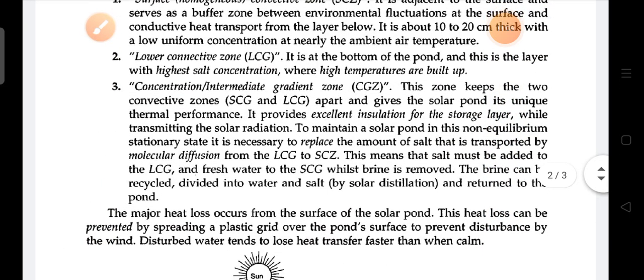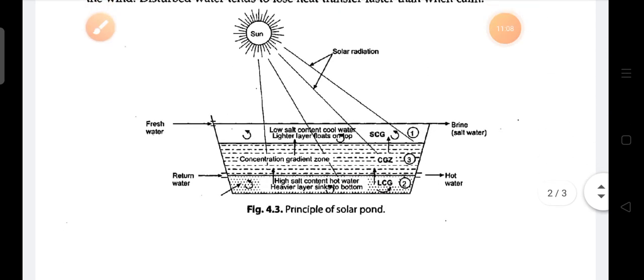This zone has a high salt concentration, and that's why the radiation energy is stored here. Most of the sun's radiation energy is stored here.